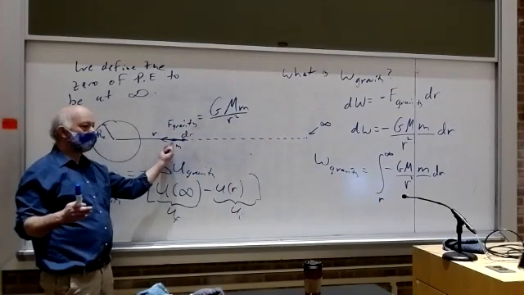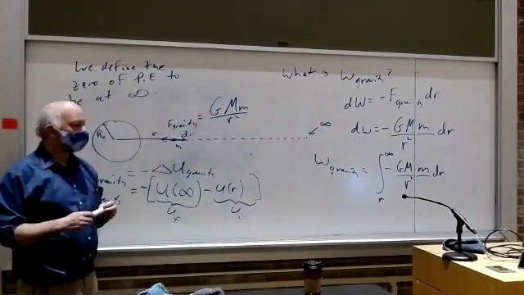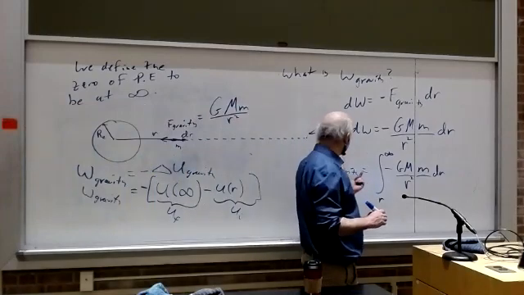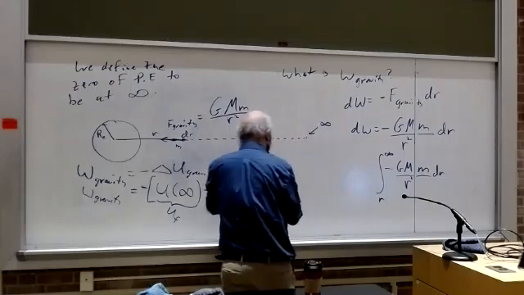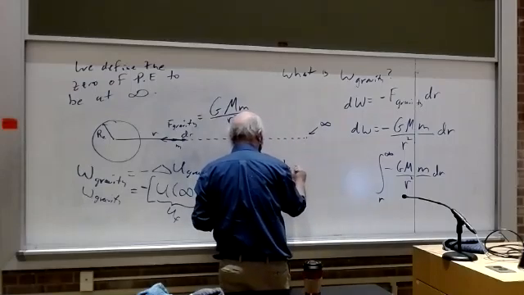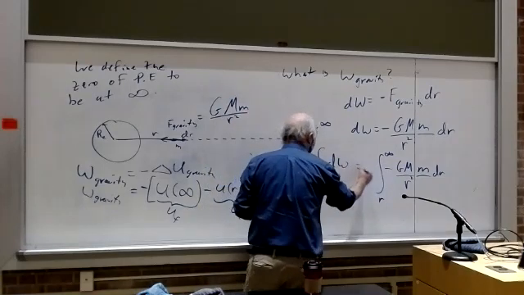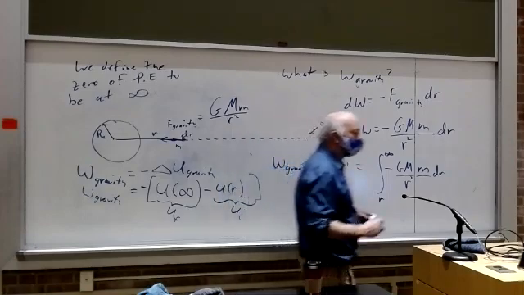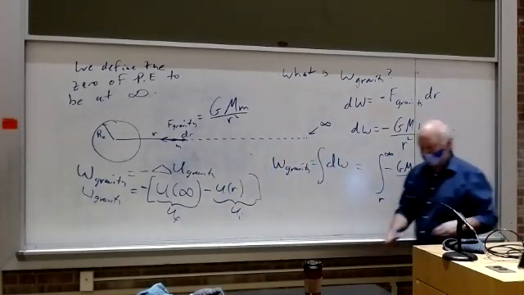Okay, so we're here, then you're going out like that. I've integrated this guy here. I said this is going to be the integral of the dW's, like this. I'm just calling this W gravity. Okay. That makes sense? Okay. So let's do that.